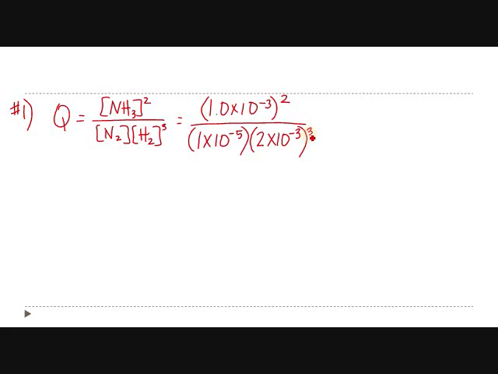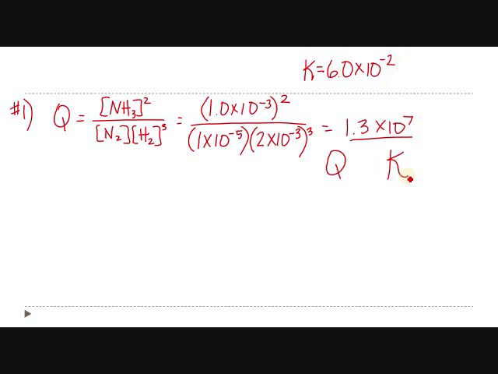Okay, so be careful when you solve that out, but when I solved that, I got Q to be 1.3 times 10 to the 7. And just like K's, Q's don't have units. Very nice. Okay, so now we have to predict the direction that it will shift. So we have to compare our Q value that we just solved for versus the K value, which we said before is 6.0 times 10 to the negative 2.